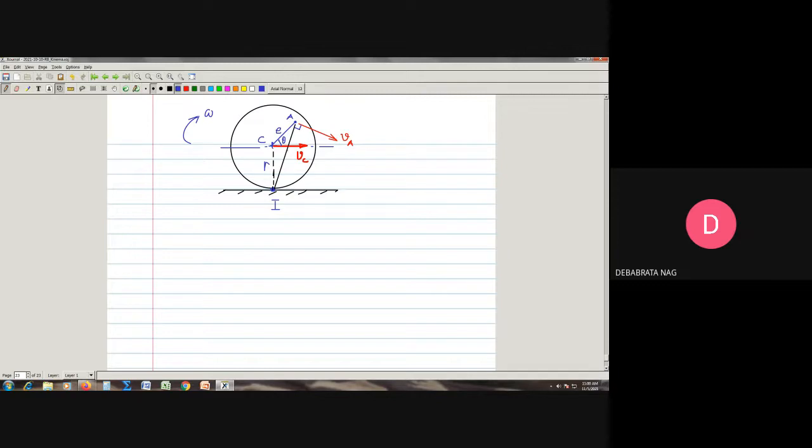Then it is obvious from this relation I can find out the magnitude of IA, and that can be done by simply following the cosine rule to this triangle. So we can say that IA will be equal to R square plus E square minus twice R into E into cos of 90 degrees plus theta. That is the application of the cosine rule here.